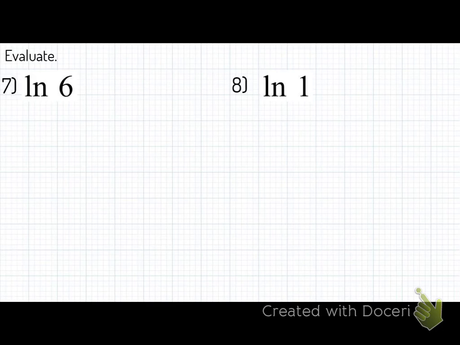LN button. So what's the answer here? It's going to be 1.791, or no, 1.792, we rounded it. So 1.791 what? 7. And then you said we're going to round it, so it's going to be 1.792, right?